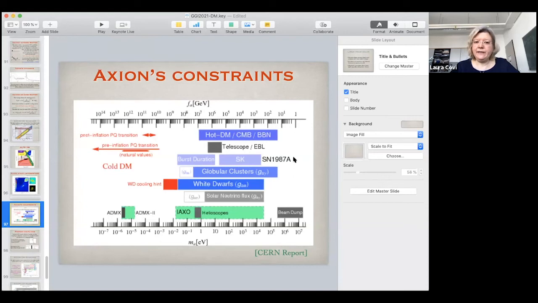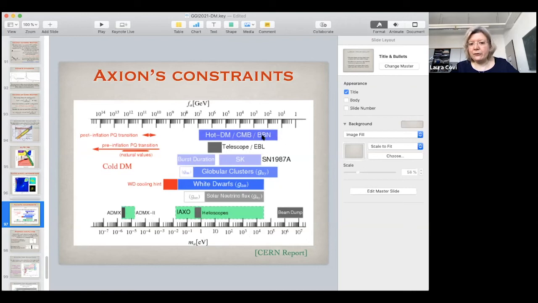And then you have also other constraints. From the cosmology side, of course, you have constraints from nucleosynthesis and the cosmic microwave background. In some sense, here also the fact that you cannot have hot dark matter, as we just discussed yesterday. And these already exclude masses above 1 electron volt or so.